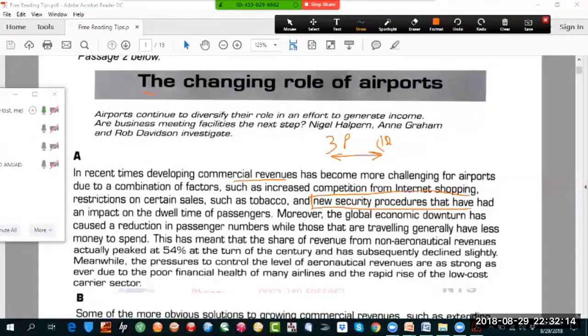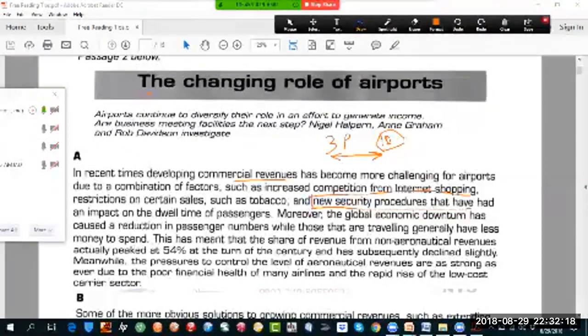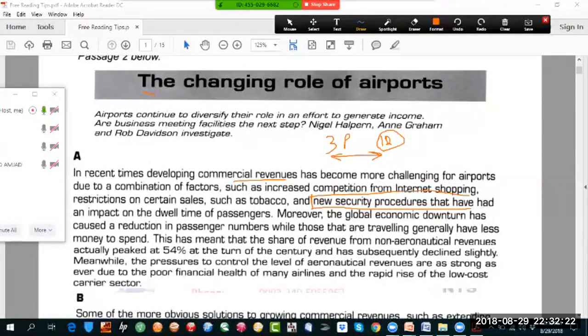Previously, these security procedures were not very lengthy. So people used to check in and then they would have maybe 1 hour to roam about the airport and do shopping at those duty-free shops.